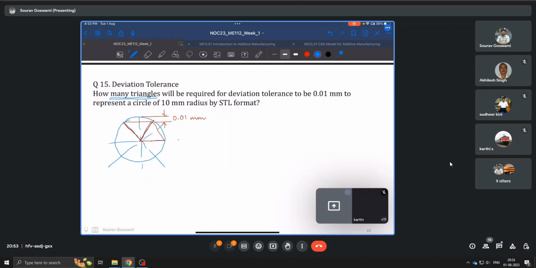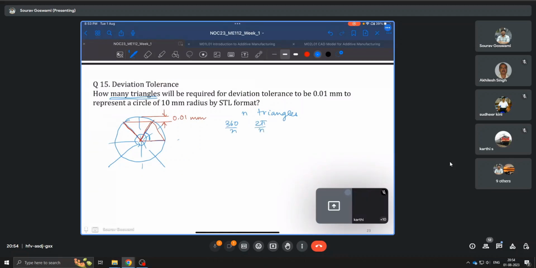So say you have n triangles and you're dividing this 360 degrees into n. So each of these individual angles is actually 360 by n or 2 pi by n.